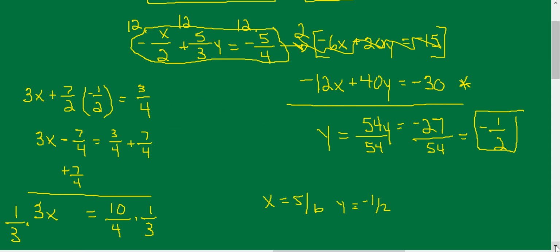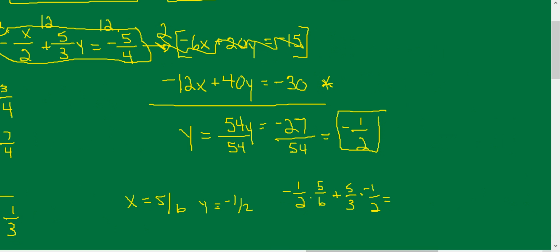I've got negative x over 2, which is like saying negative 1 over 2 times x, which is 5 over 6, plus 5 over 3 times y, which is times negative 1 over 2. And that has to equal negative 5 over 4. That's what this has to equal here.